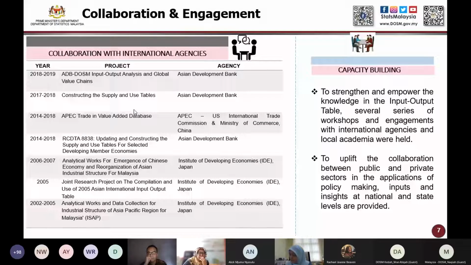DOSM was also involved in the RCDTA for updating and constructing supply and use tables for selected developing member economies with ADB from 2014 until 2018. In 2018, DOSM was involved in the APEC Trade in Value-Added database with the US International Trade Commission and the Ministry of Commerce China.